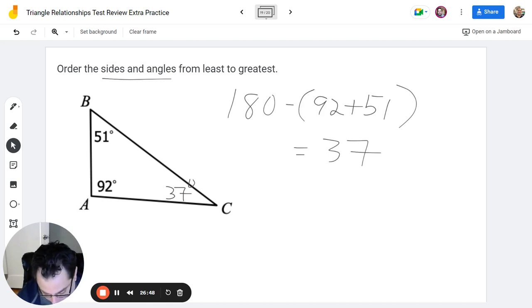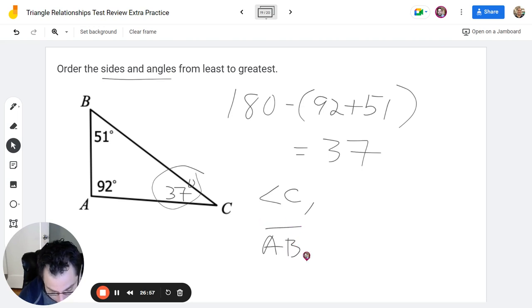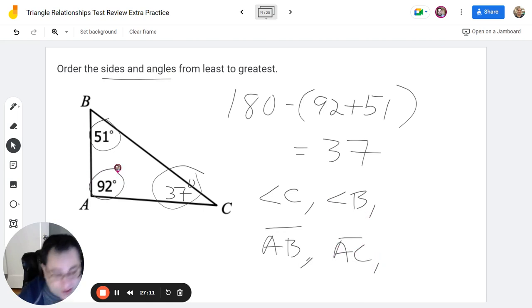We start with 37 degrees, which is angle C. What are the two letters not associated with angle C? A, B. Then the medium, 51, is angle B, and AC. And lastly, angle A, the obtuse angle. We discussed in class how the obtuse angle always has to be the largest angle. That's angle A, and BC is associated with that.